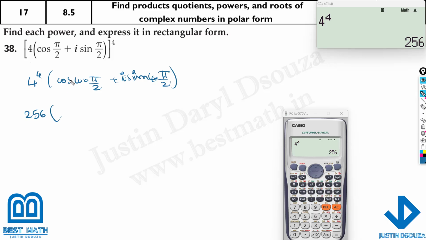Now if you know the values here, it'll be cosine 2 pi. 2 pi it's 1 and over here it's going to be 0. You can directly write it, but anyways, we will double check our values. Pi by 2, that is pi here divided by 2. Sorry, it's 4 times, not 2 times. 4 times, so it's cosine. It's 1, and now just change this cosine to sine and it will be 0.